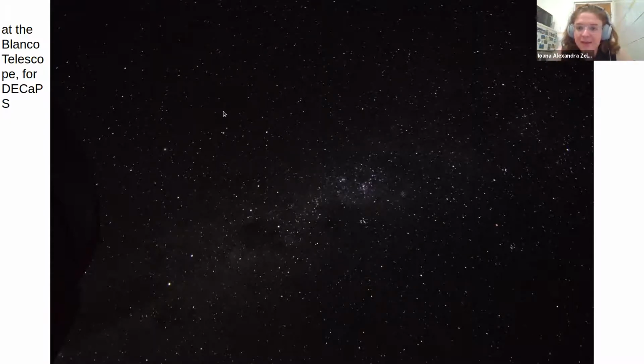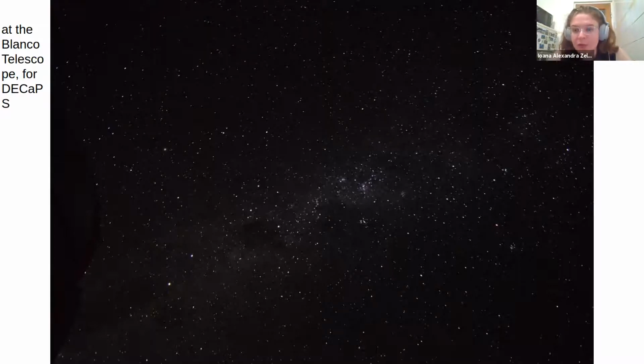So if we look, one thing I really like about interstellar medium dust is that we can see it with the naked eye. So this is a picture I took with exposure that mimicked the seeing from the view that I had from my own eyes when I went to the Blanco telescope in Chile.